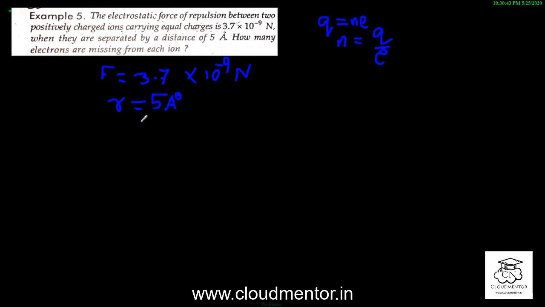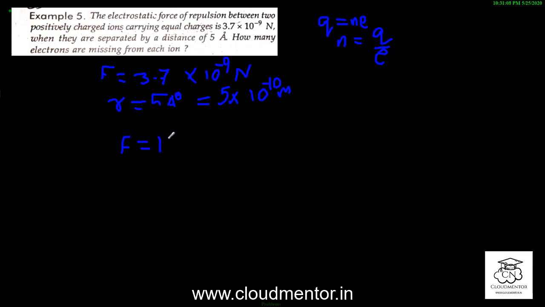5 Angstrom is equal to 5 × 10^-10 meter. From Coulomb's law, F = 1/(4πε0), or I can simply write it as k.